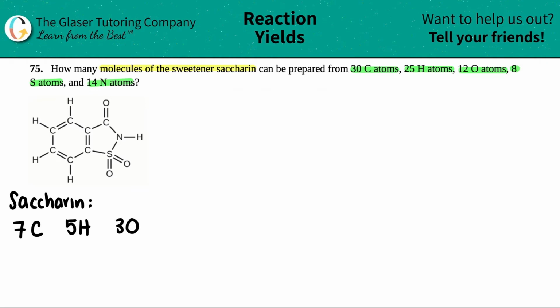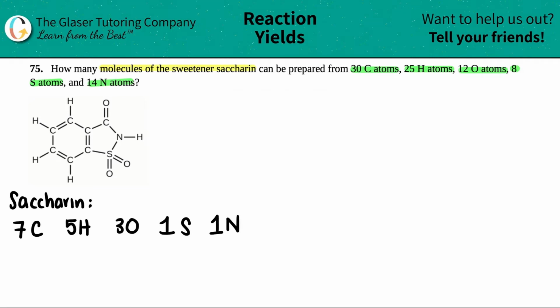Next one is sulfur. I only see 1 sulfur here, so I'm going to say 1 sulfur. And then nitrogen, I just see 1, right? Yeah, I don't see any more. I'm just checking the hydrogen again. Okay, so we have 1 nitrogen.